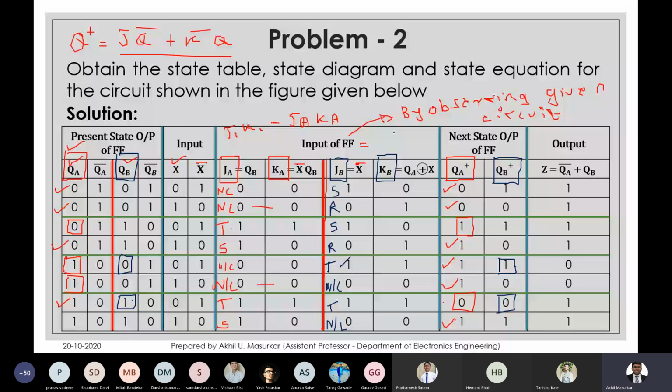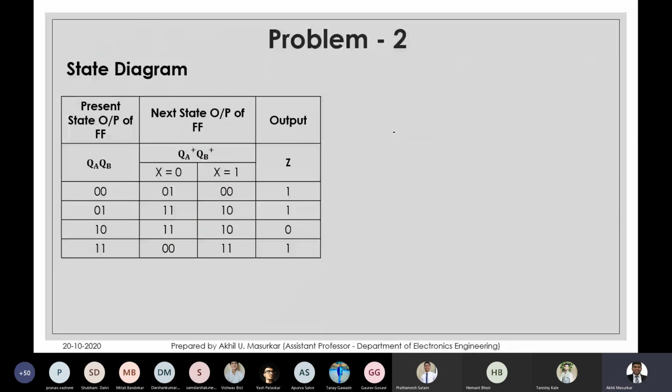So before that, you should observe this. This is the compressed version of the state table. That is, if QA, QB is 0 0, 0 1, 1 0, and 1 1, you should look at what happens when x equal to 0 and when x equal to 1. What are the next states? So that's what we have written.